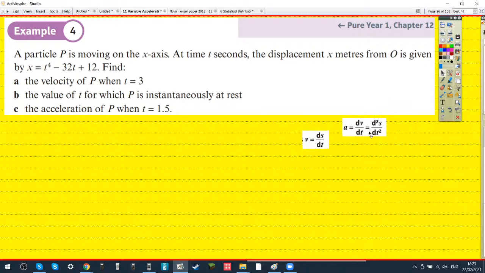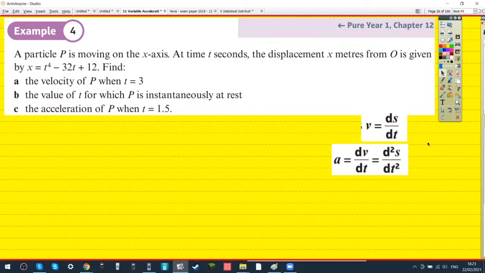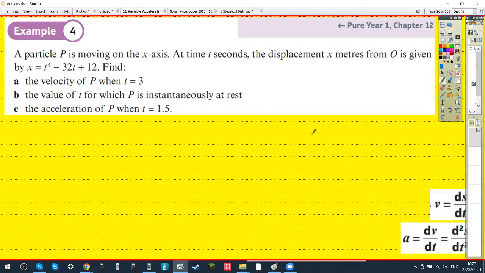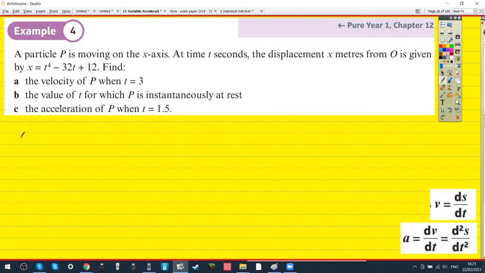Let's try these. Do I need to differentiate here? We are given the displacement.